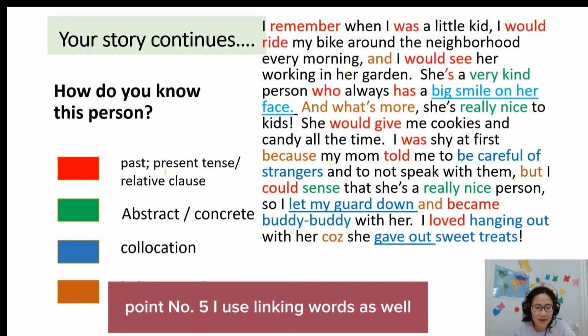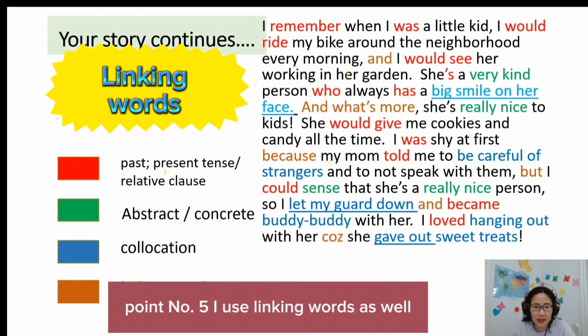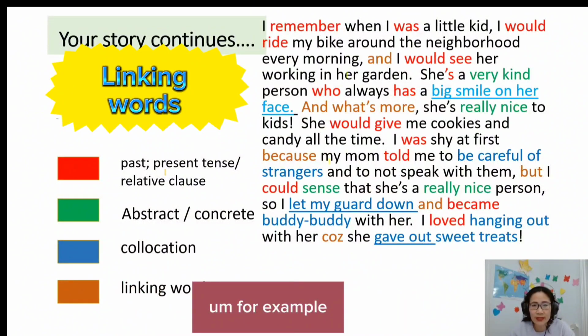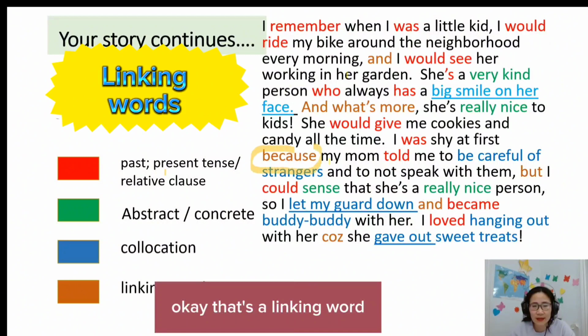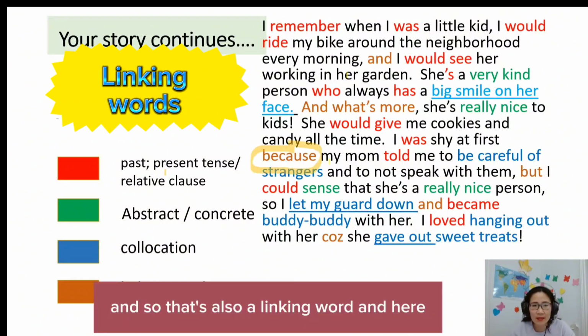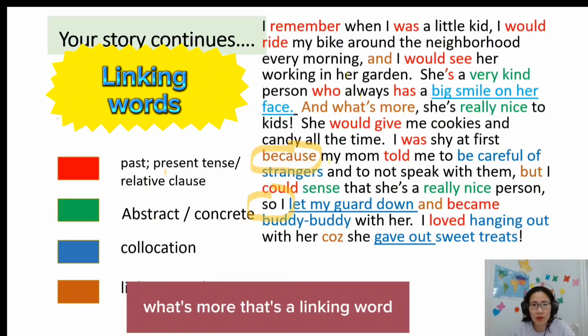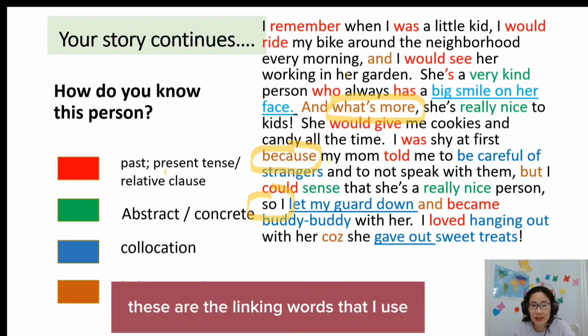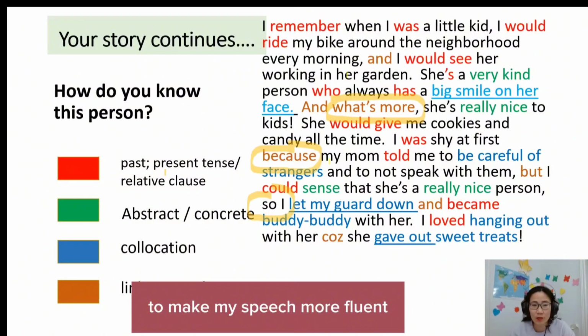I use linking words as well. Some of the linking words that I use, for example, because, that's a linking word, and so, that's also a linking word, and here, what's more, that's a linking word. These are the linking words that I use to make my speech more fluent.